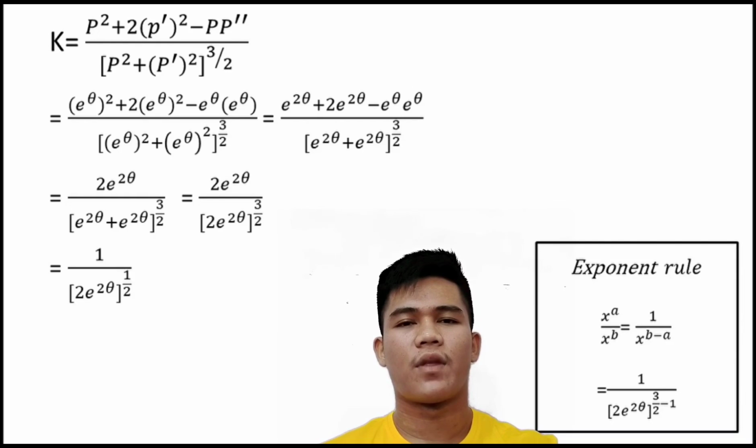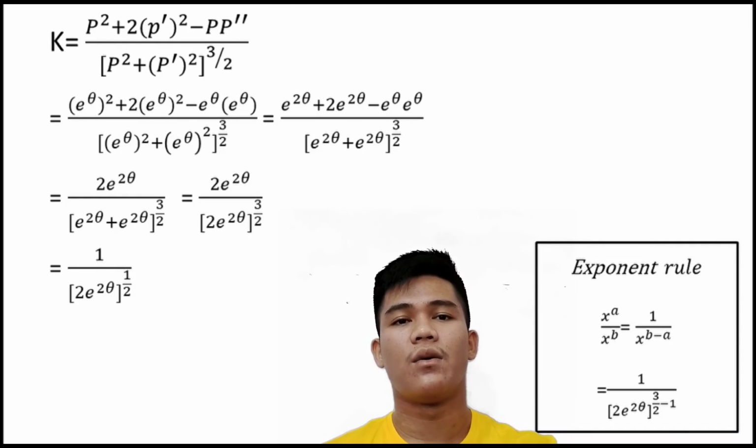So this is 1 over 2 e to the power of 2 theta, to the power of 3 over 2 minus 1 is 1 half. So the power of our denominator is 1 half.